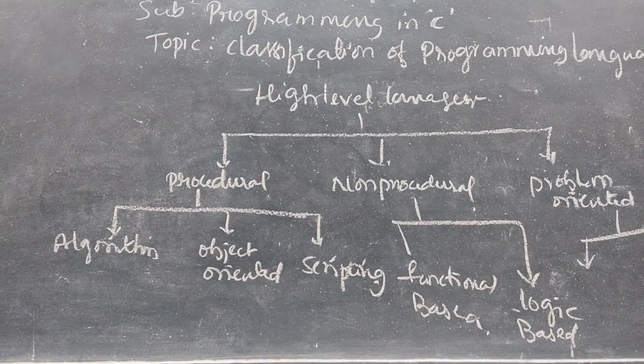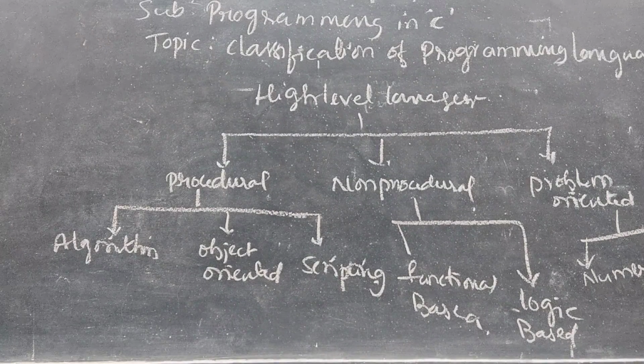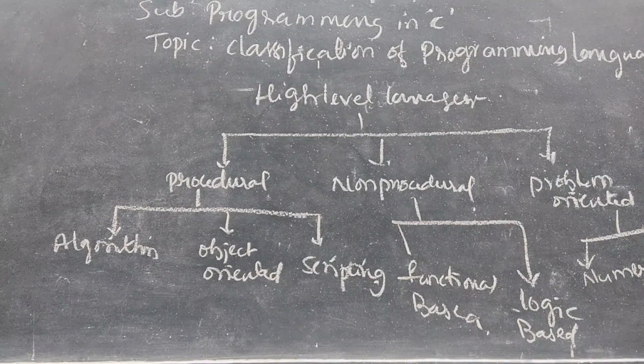First you write down this: problem oriented, numeric, the second one is symbolic, and the third one is publishing.